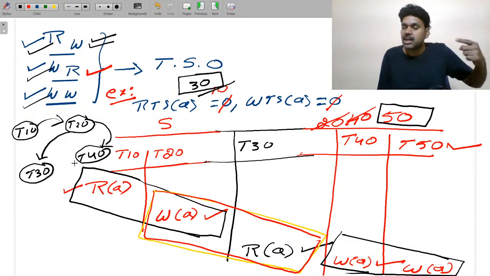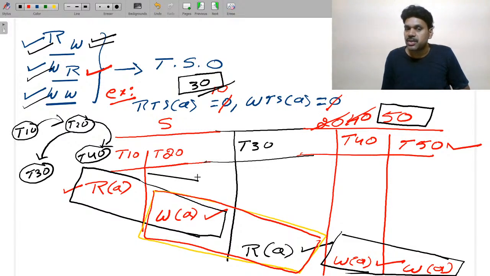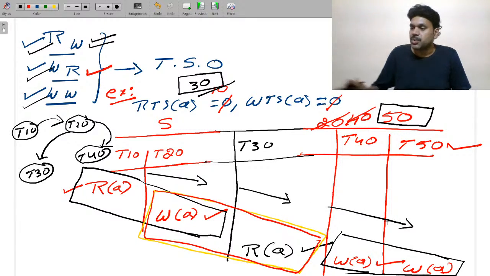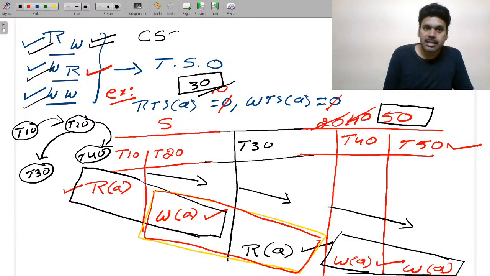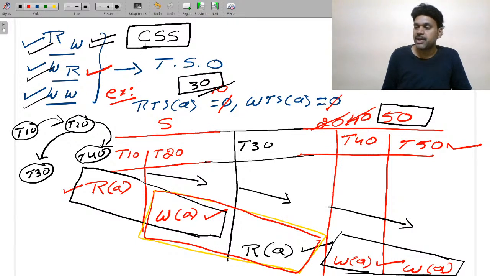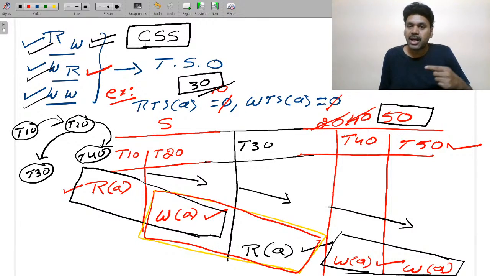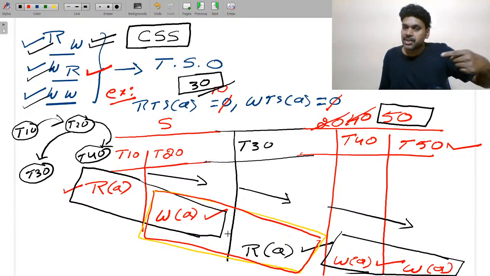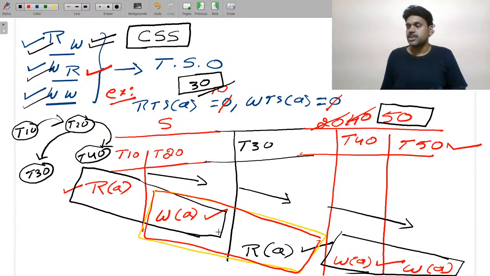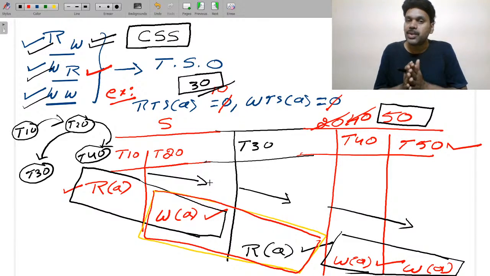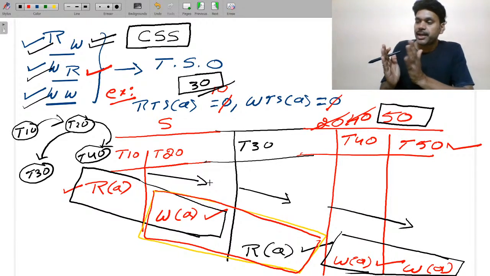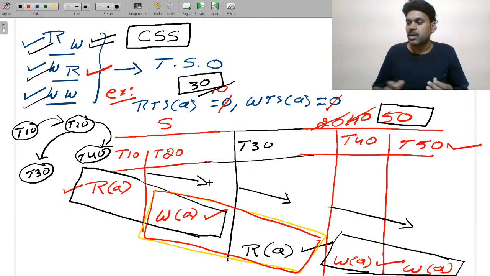Likewise, conflicts are going in a forward direction. They are not coming in a reverse direction. Hence, you can come to know that it is conflict serializable, CSS, as it is going in the forward direction. Clear? Now I will tell you how it denies reverse conflicts. Observe, all of you.